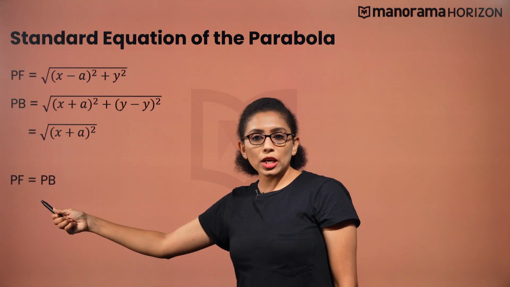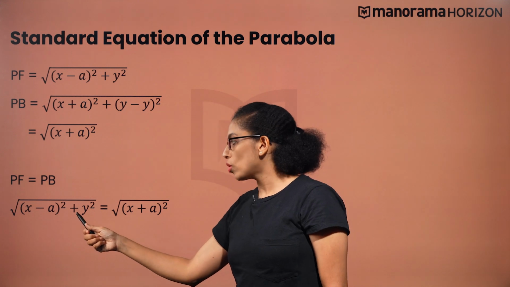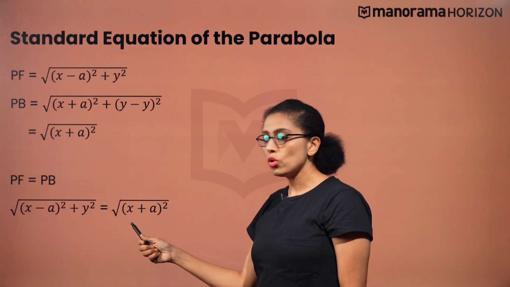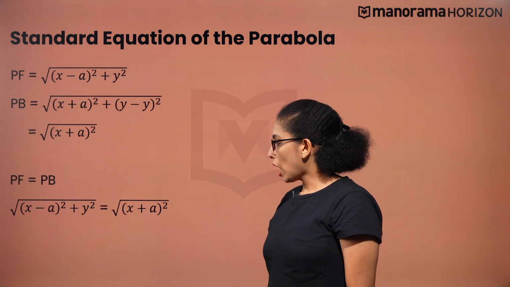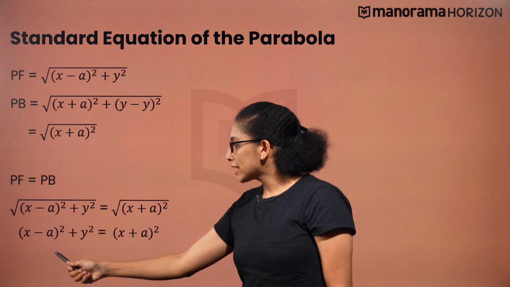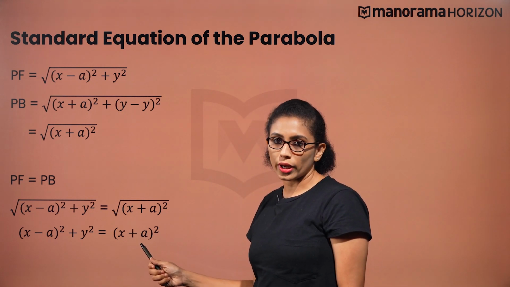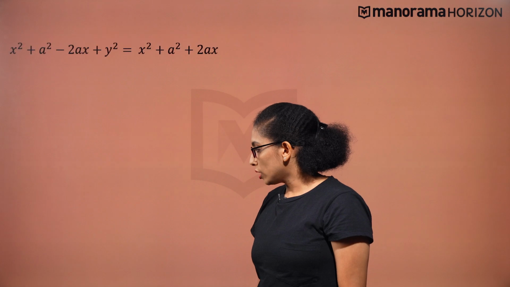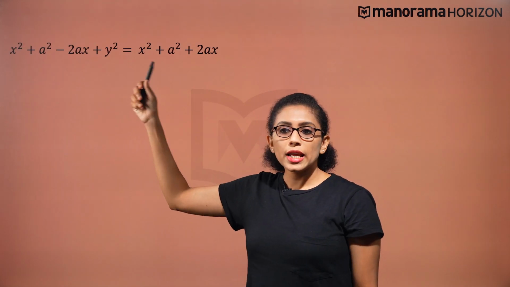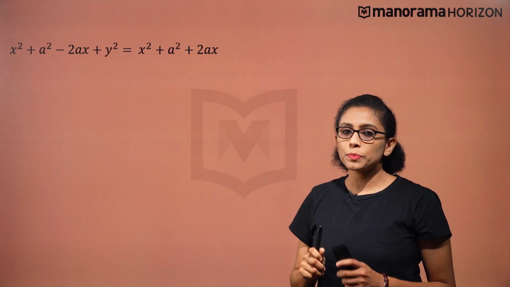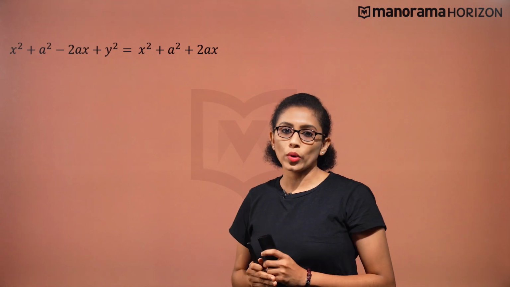Now, since PF is equal to PB, we can write root of (x minus a) the whole square plus y square is equal to root of (x plus a) the whole square. Now squaring both sides, we get (x minus a) the whole square plus y square is equal to (x plus a) the whole square. Applying the formula here, we get x square plus a square minus 2ax plus y square is equal to x square plus a square plus 2ax.